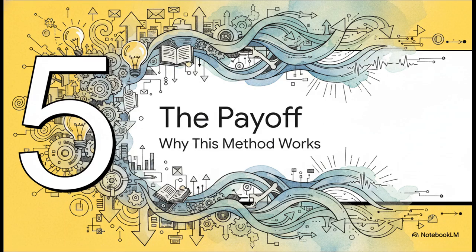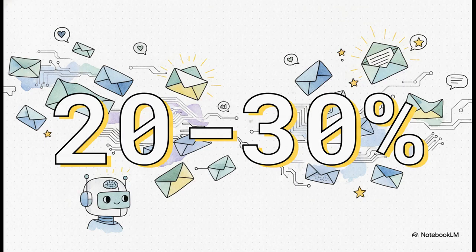So why go through all this trouble? What's the actual payoff? Well, it's about way more than just saving time. It's about getting much better results by working smarter, not harder. And here's the number you should be aiming for. When you follow this framework, the target is a 20 to 30% open rate. I mean, come on, in today's world of crowded inboxes, that is a massive achievement.